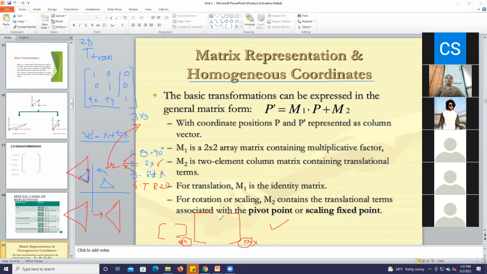Okay, all of you are getting it? What is the need of homogeneous coordinate system? Yes, students. Yes.